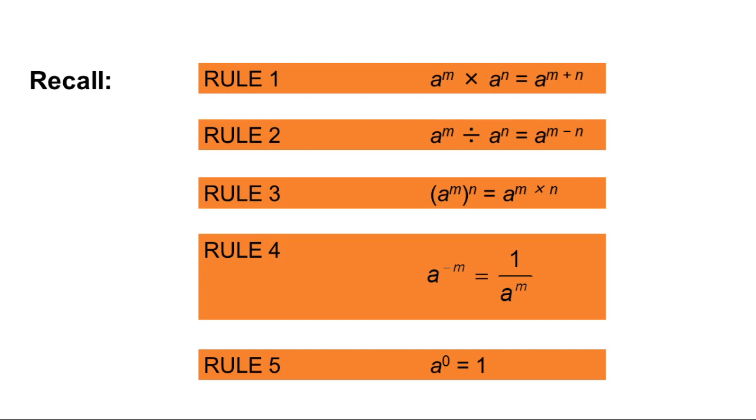Rule number 2: if I am dividing two numbers with the same base, I will just subtract those indices or exponents.